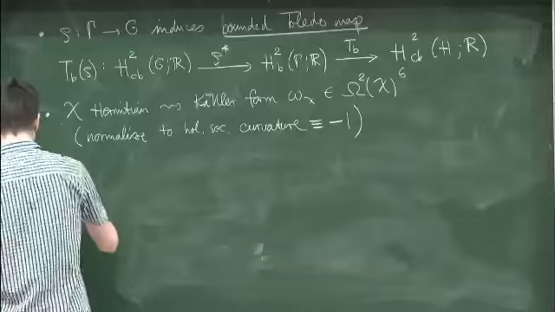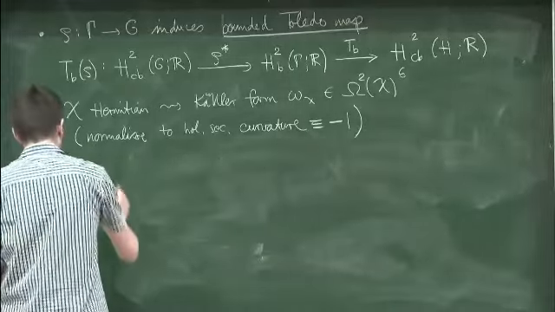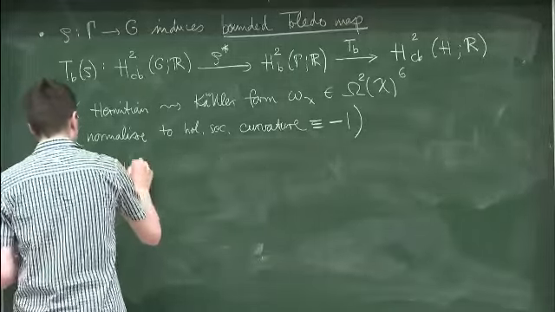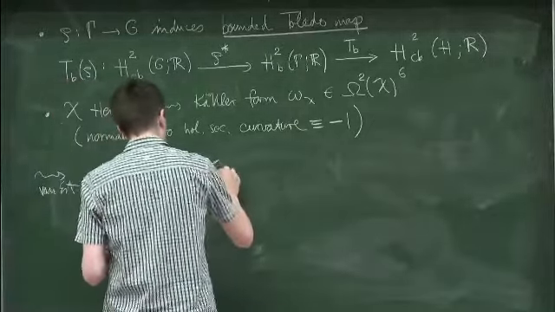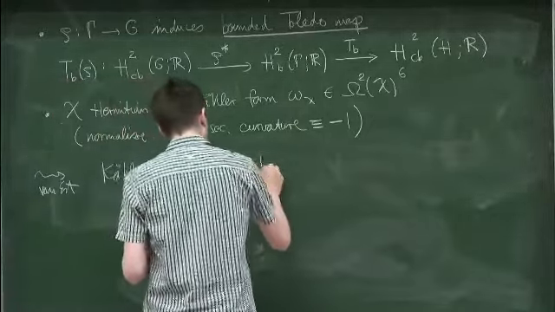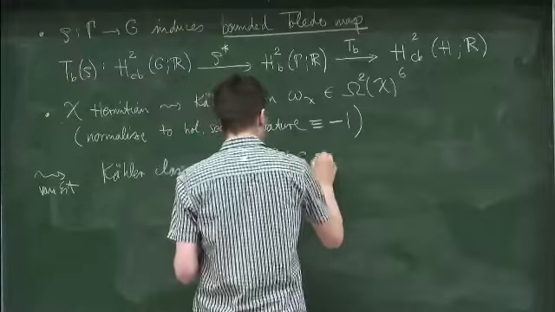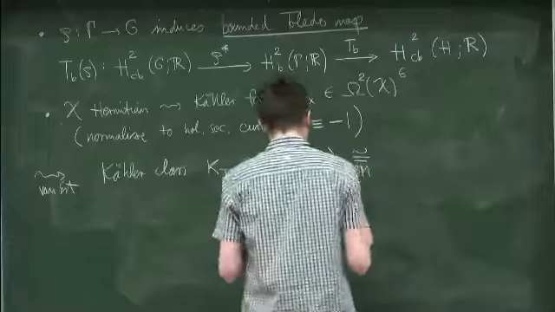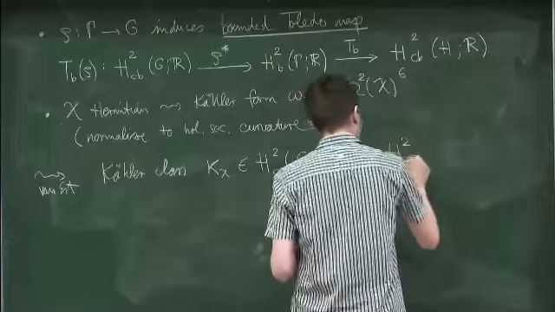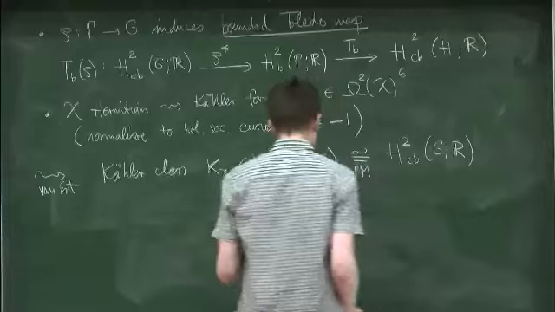And now we can compare. So now we apply Van S again, and we get the corresponding scalar class kappa X, which is in the second continuous cohomology of G, and by the Burger-Monod result, we know it's also in the second continuous bounded cohomology, so it's actually a bounded class.